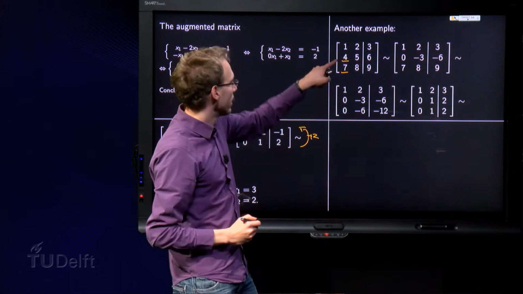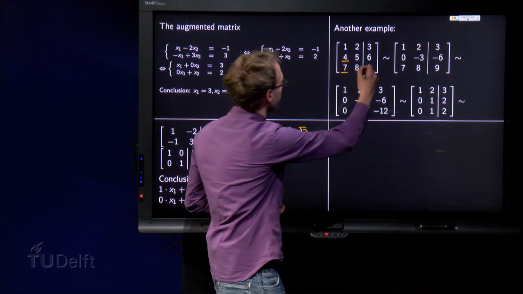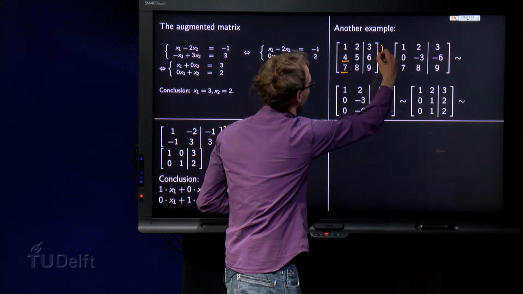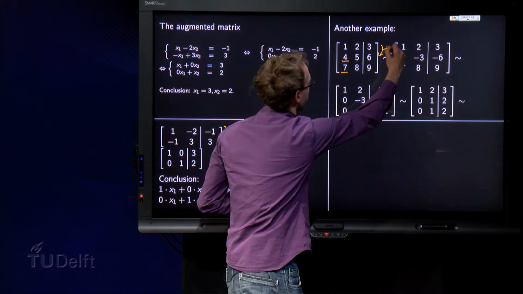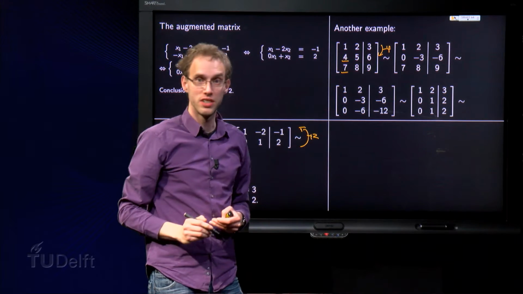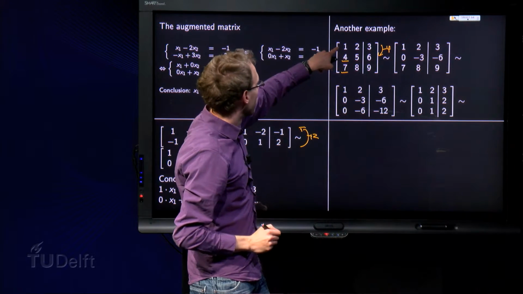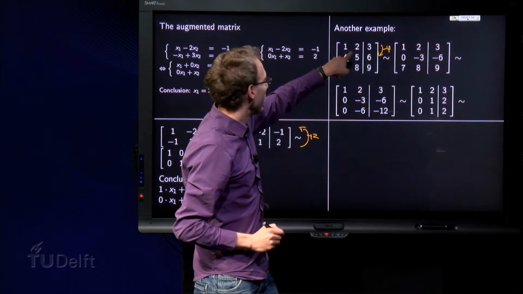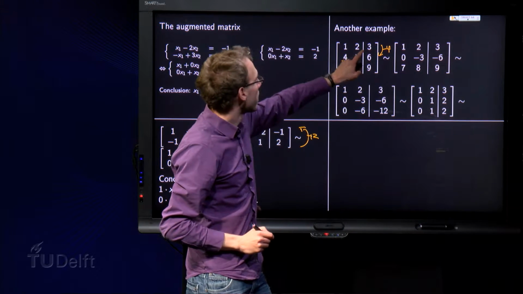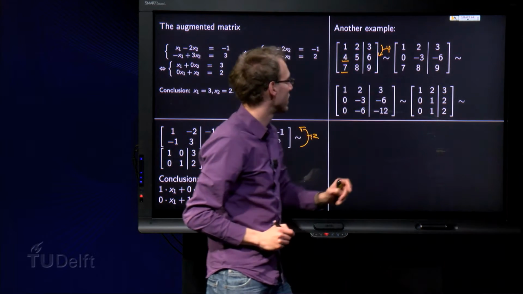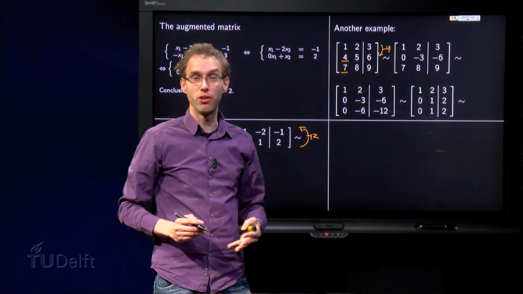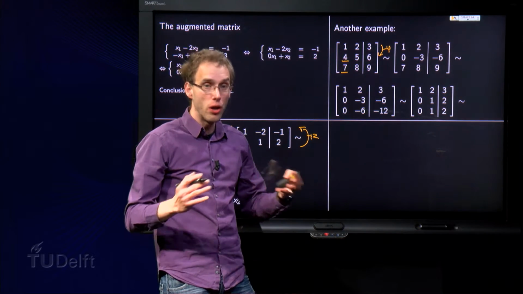So, how can I get a 0 over here? Take the first equation and add it minus 4 times to the second equation. So we get minus 4 plus 4 equals 0, minus 8 plus 5 equals minus 3, minus 12 plus 6 equals minus 6. And we leave the first and the third row unchanged, untouched.